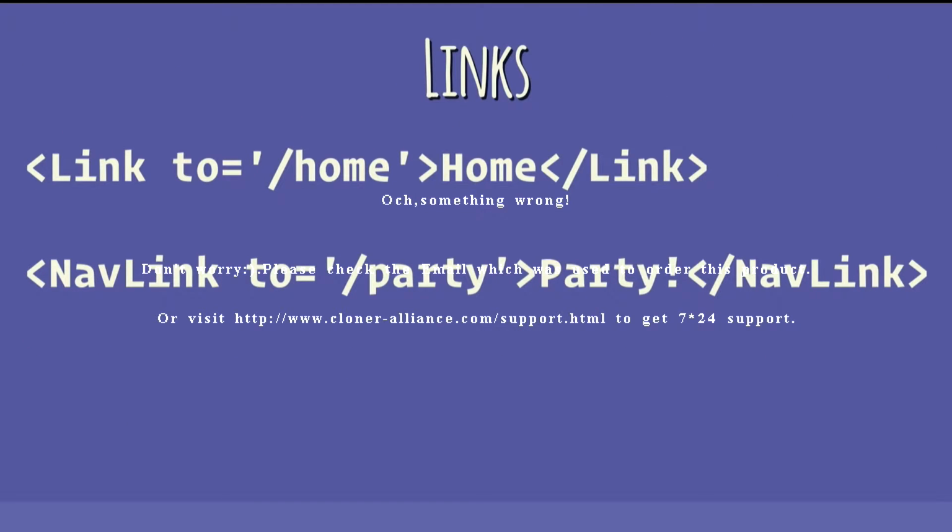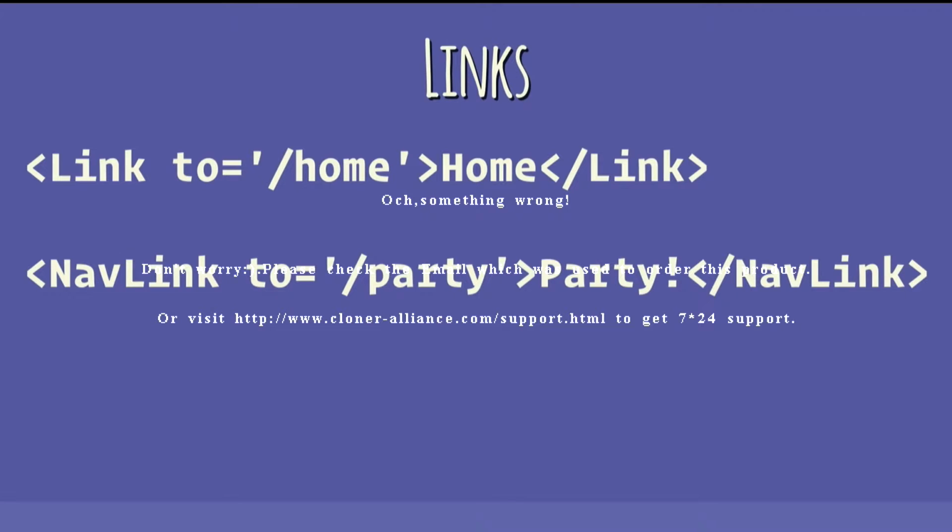So then you need to be able to link to these new routes. You could just use normal links, or you could use the Link and NavLink components that are built into React Router. The top example is Link. You just tell it what to link to. You don't use href, you use to. NavLink, the API is exactly the same. You use them exactly the same way.